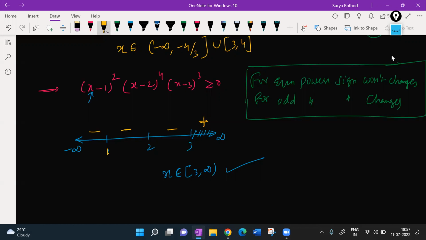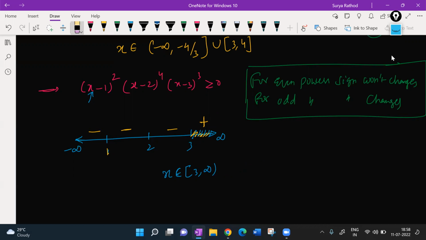No. Look at the screen. On the number line, I need the positive region. From that I'll be taking. Based on the number line, I took the solution. Getting my point?